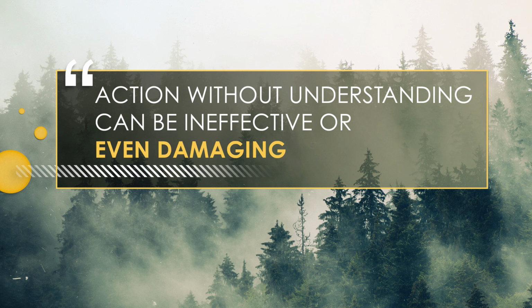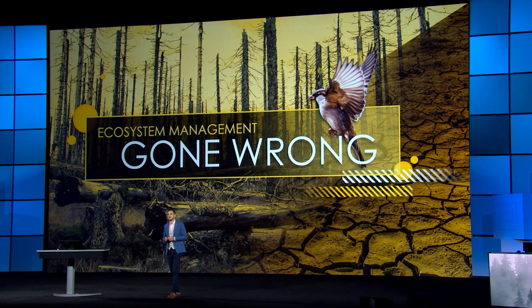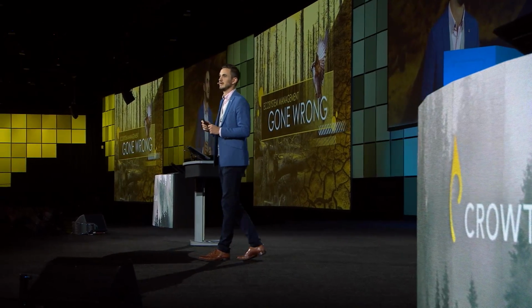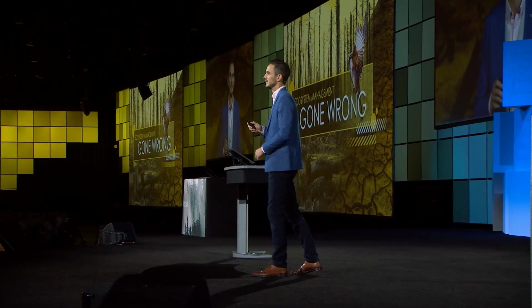There's thousands of examples of ecosystem restoration or management gone wrong. The eradication of sparrows in China during the 1950s was intended to increase crop yields. But instead, without the sparrows, insect populations boomed, and they decimated crops across the country. And this was one of the contributing factors to the Great Chinese Famine, which killed over 30 million people.